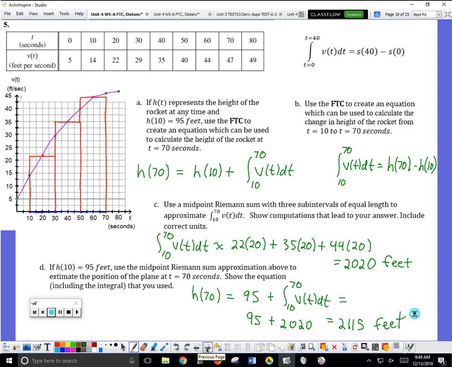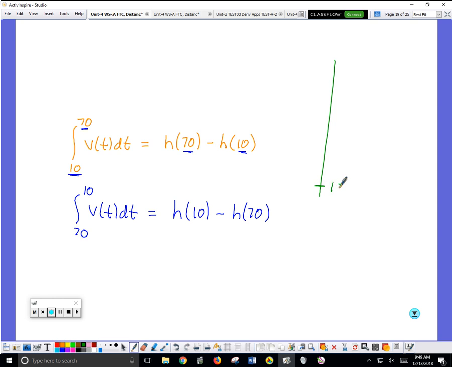So we're down here at time 10, and our height is 95. And then in the next 60 seconds, the height's going to change by an amount of 2020. So the space here between, my lines are a little quick, this distance is 2020, which gives us this new height up here at time 70. And what's 95 plus 2020? It's 2115, right?